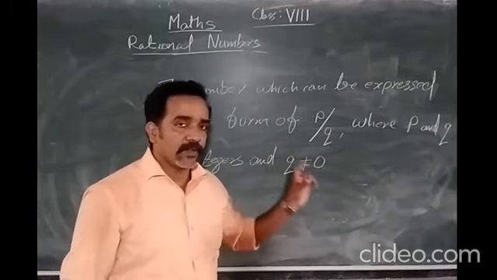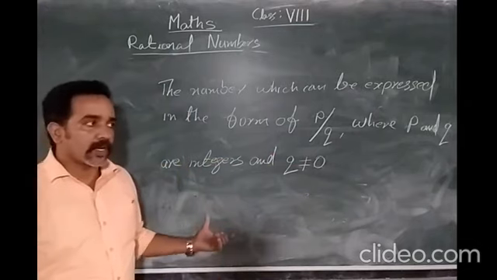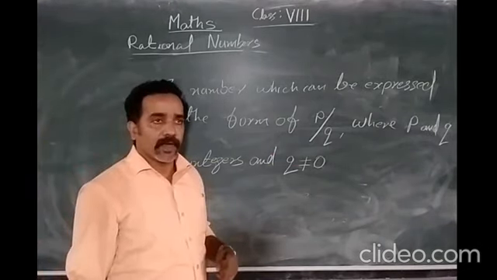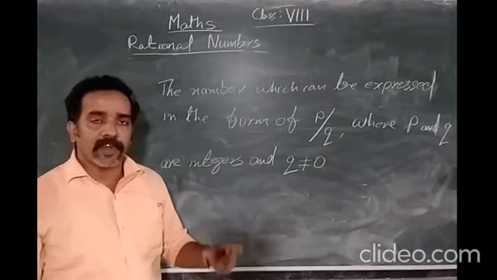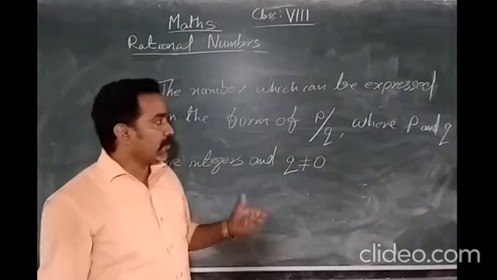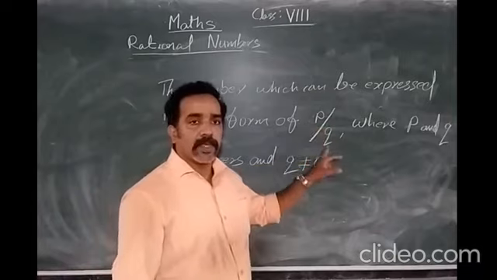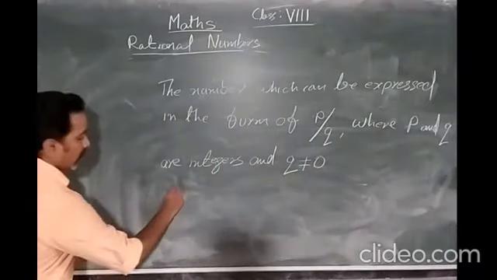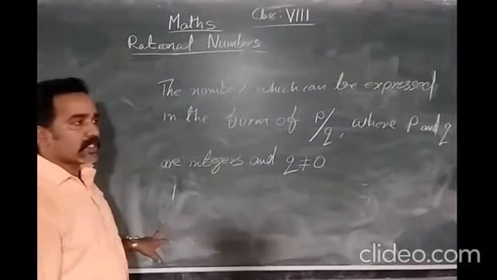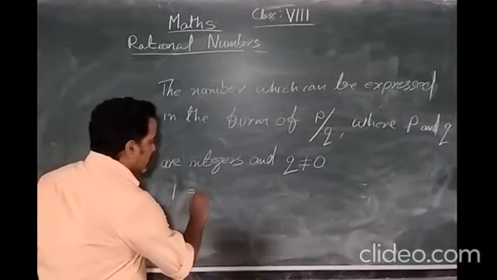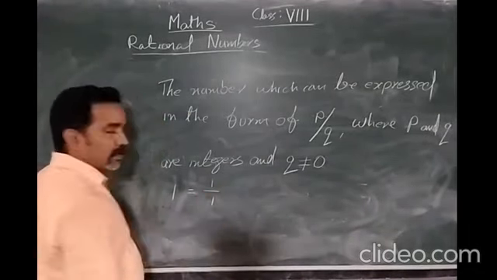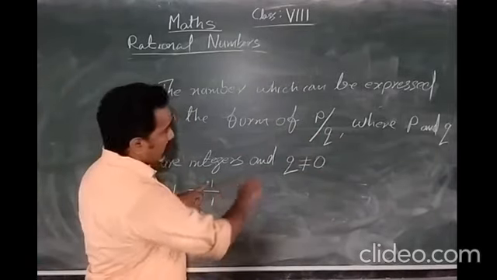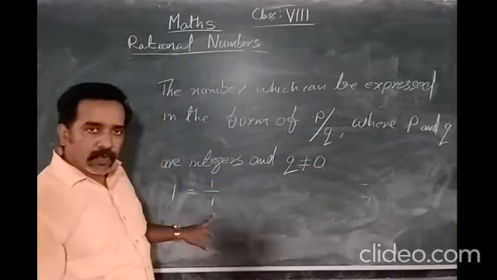If you look at the set of natural numbers, we can say that every natural number is a rational number. Why? Because every natural number can be expressed as p by q, where p and q are integers. For example, 1 is the smallest natural number. 1 can be expressed as 1 by 1, in the place of p there is 1, in the place of q there is 1.